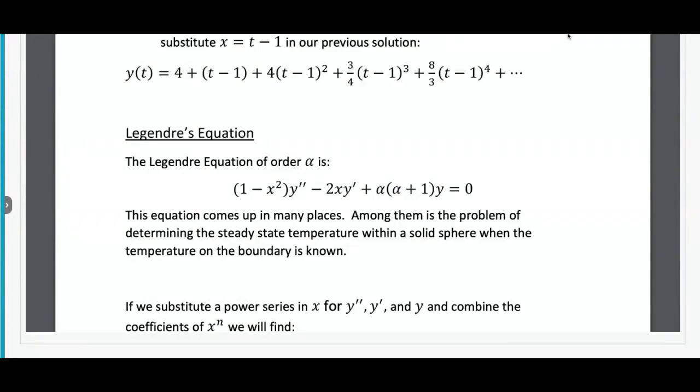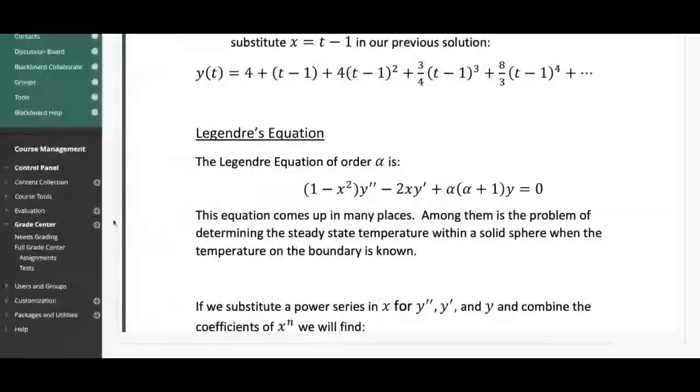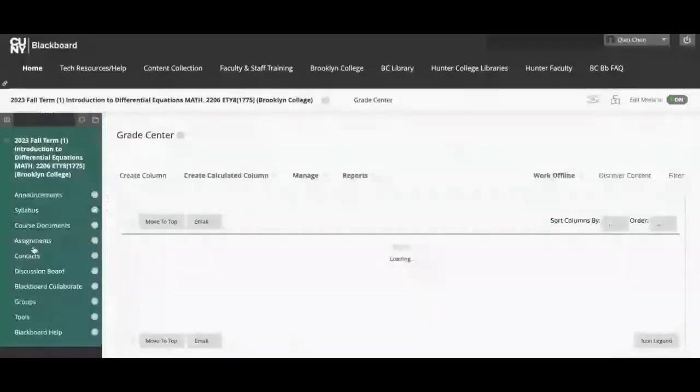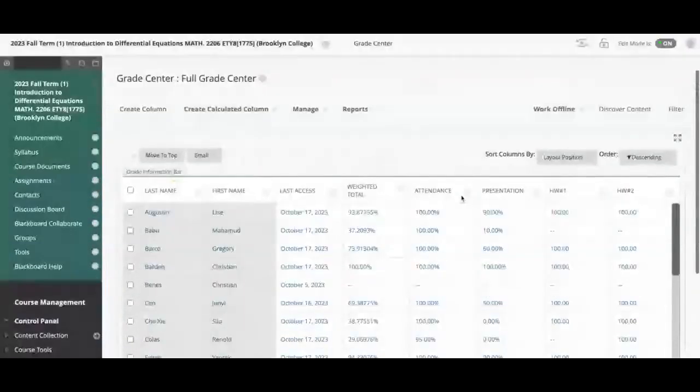Hi, Professor. This is Susan. I have a question. Yes, Susan. For homework 2, remember, I had a problem when I submitted the first homework. You said it wasn't showing, so I resubmitted the homework again. But on Blackboard it's still saying that I have a 0. Nothing shows up.